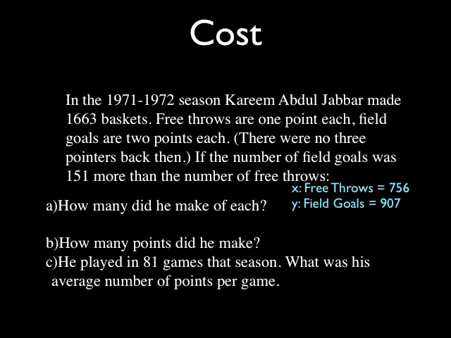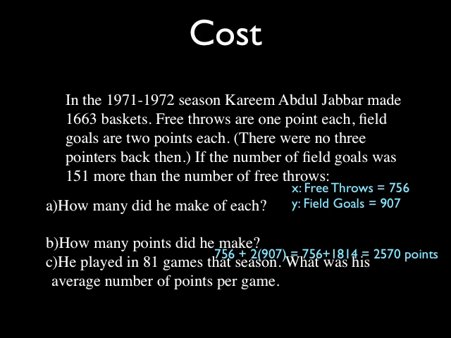We know that each of those field goals is worth 2 points. So we have his free throws, 756, plus 2 times 907, because each of those 907 baskets is worth 2 points. It's just kind of like going shopping again, but I get 756 cans of soup at $1 each and 907 boxes of cereal at $2 each. The same concept. So we total it up and he got 2,570 points.